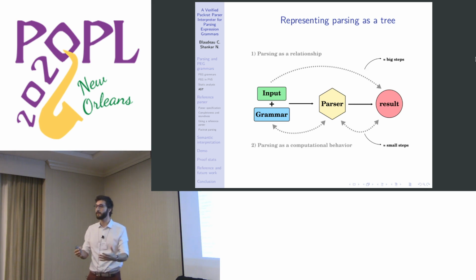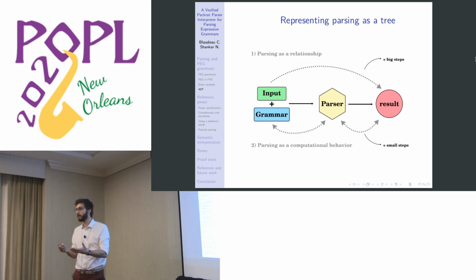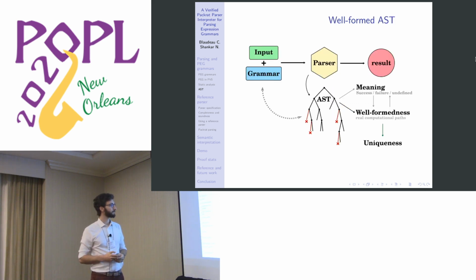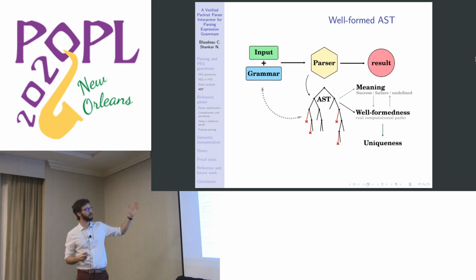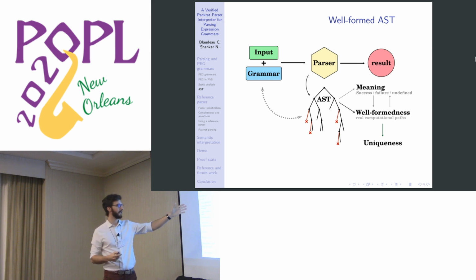Because you don't have to trust that it produces a good result, you have the actual behavior in your hands to check that the parser behaved correctly. So that's the idea of using those abstract syntax trees that represent the behavior of the parser.